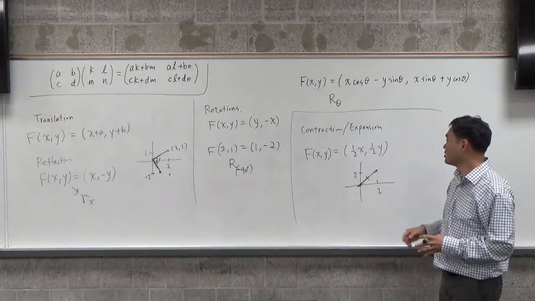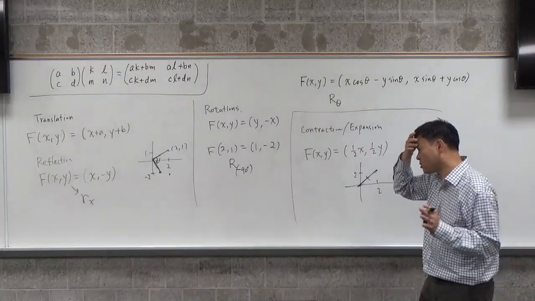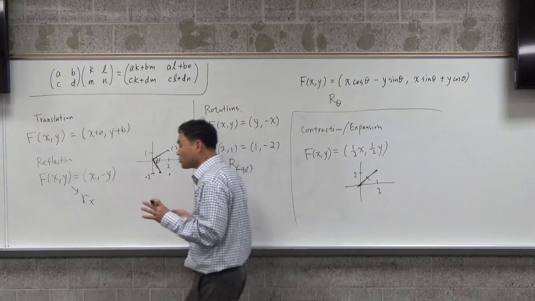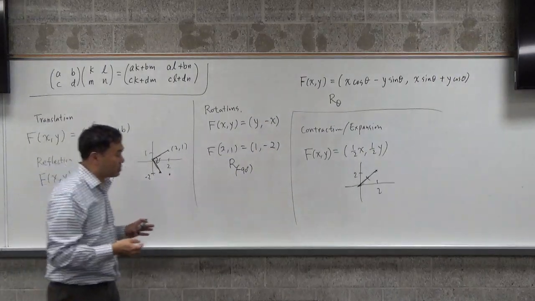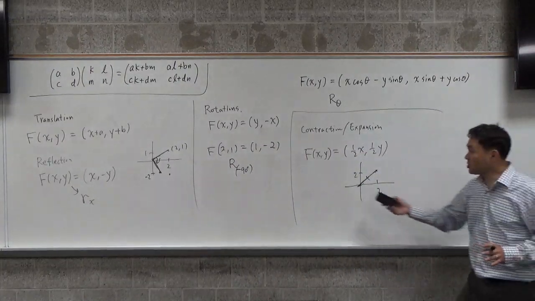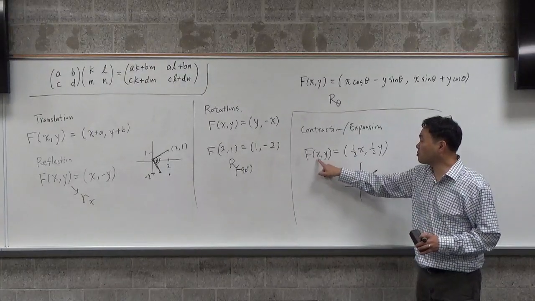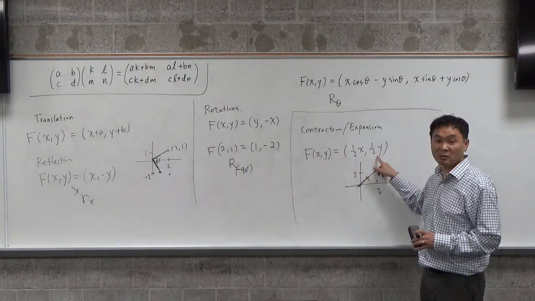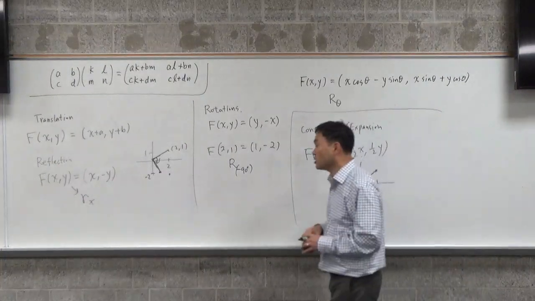If you put 2 instead of 1/2, it will be doubling. So those are some transformations you can think of in the plane. And when we say transformation, it's really a function from a pair of numbers to another pair of numbers.